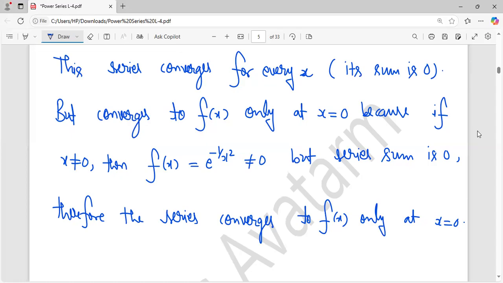So we conclude that sometimes the Taylor series generated by a function will converge to that function, and sometimes it will not. In a subsequent lecture, we'll find the conditions under which it converges to the generating function, or does not converge.